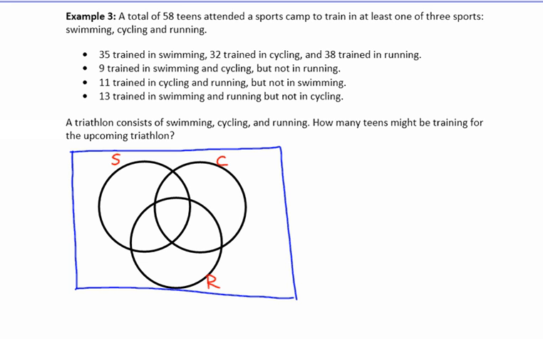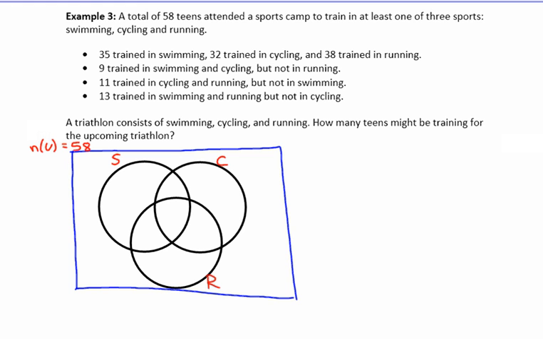And a total of 58 attend. So that's our universal set. And they all train in at least one of 3 sports.